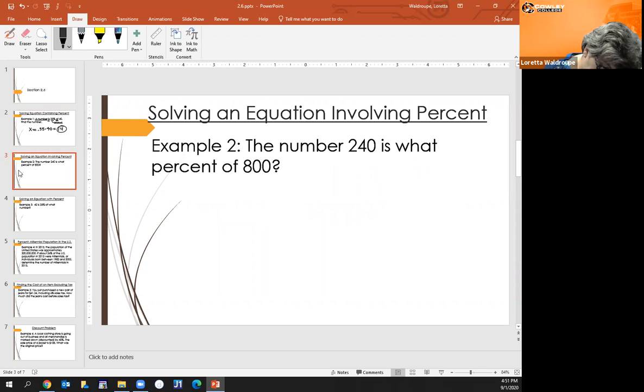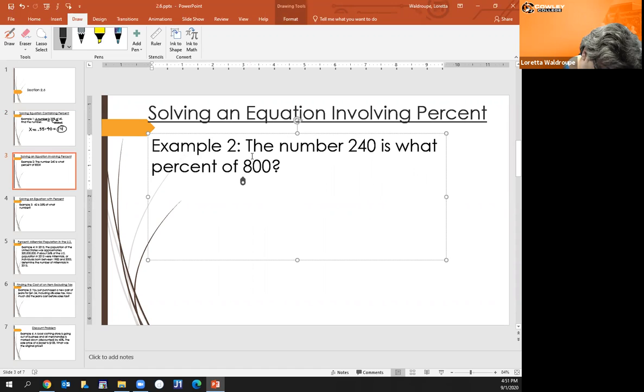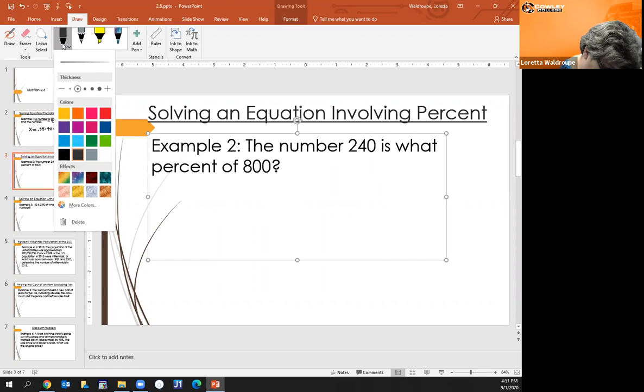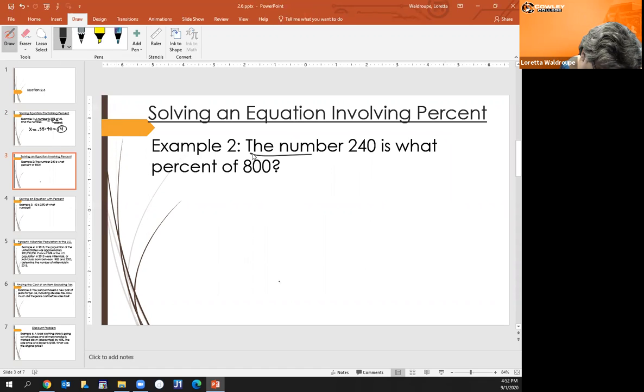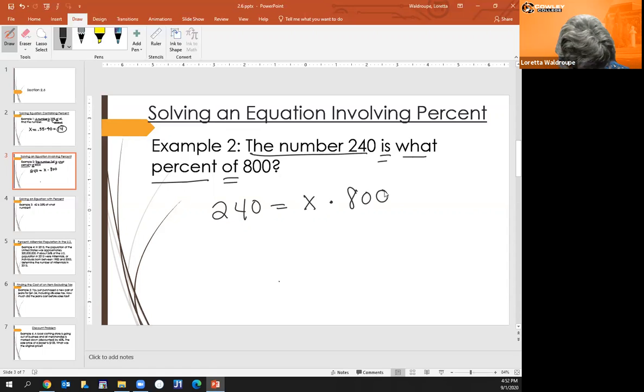Okay. Now this says the number 240. So it didn't say a number. So 240 means equals what percent, and we're going to call that X because that's our unknown, of means times 800. To solve for X, we got to divide both sides by 800.